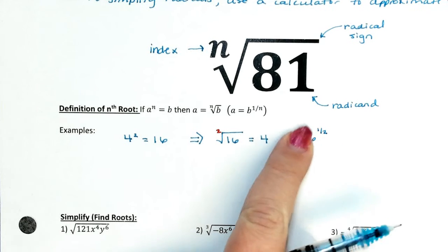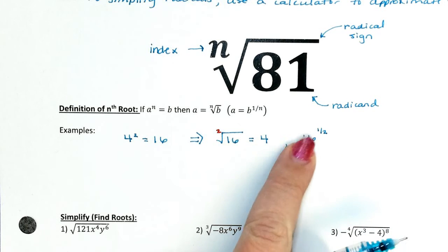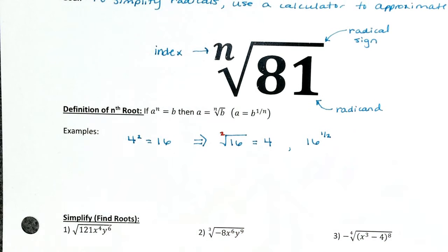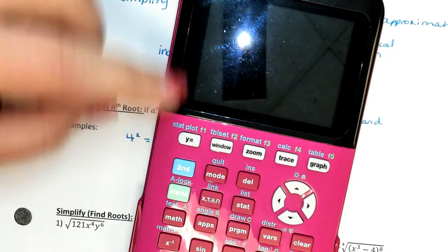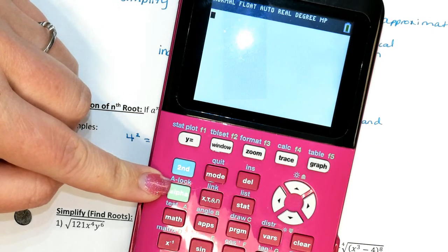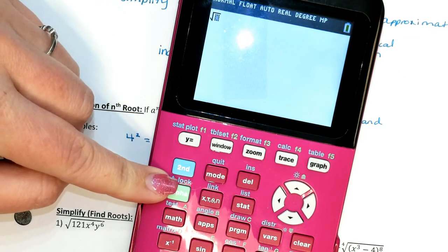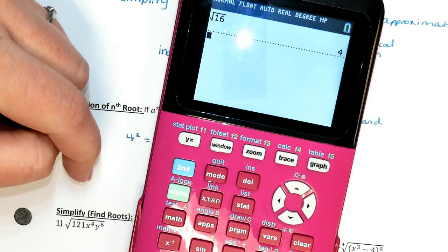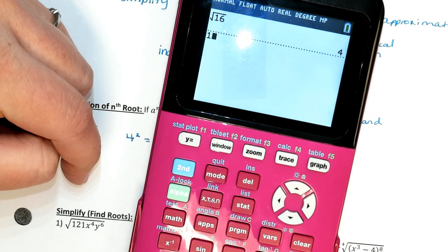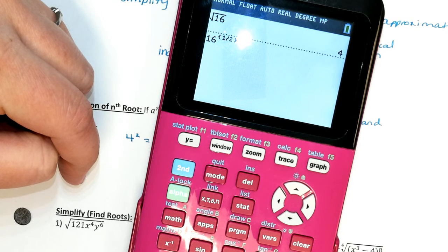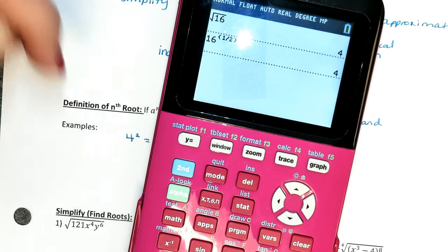Okay? And this is much easier to type in your, well, I shouldn't say it's easier. With a square root, it's the same. But on your calculator, you have a square root symbol. Okay, so you could do the square root of 16. It tells you it's 4. If you take 16 to the power of, in parentheses, put 1/2. And watch what happens.